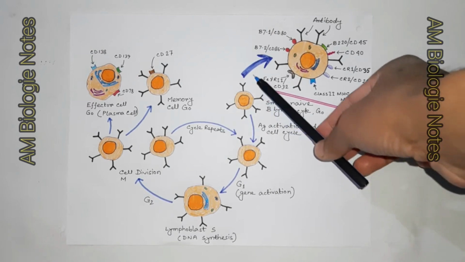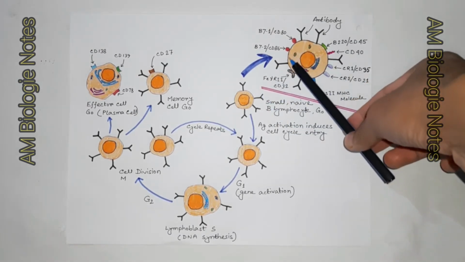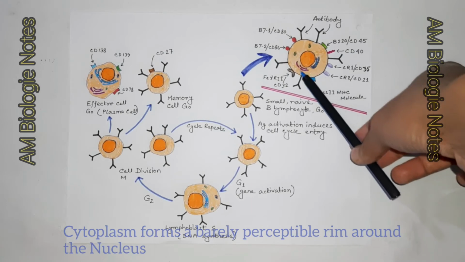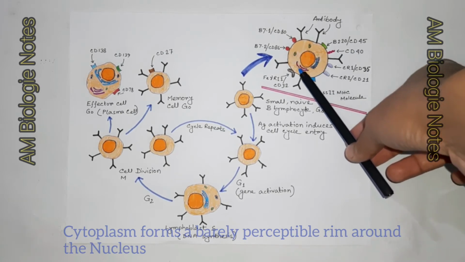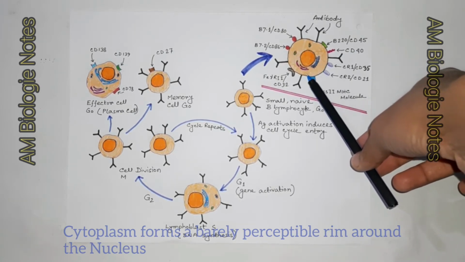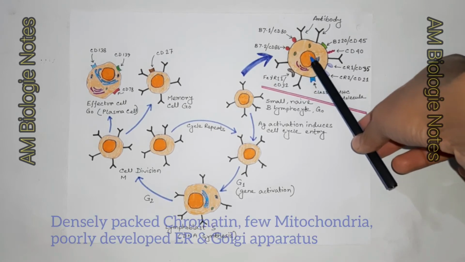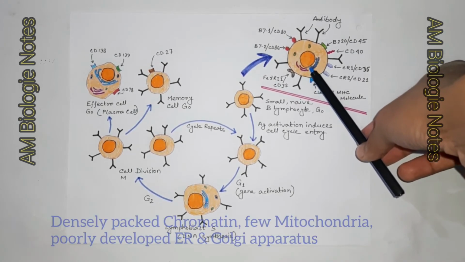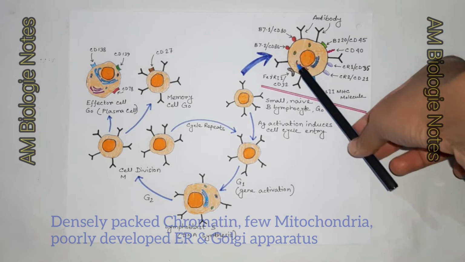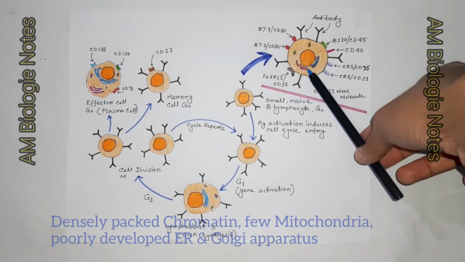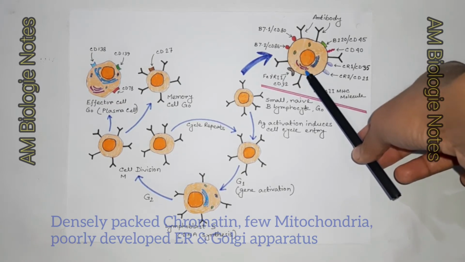The structural details indicate that the cytoplasm forms a barely perceptible rim around the nucleus. Presence of densely packed chromatin, few mitochondria, poorly developed rough endoplasmic reticulum, and Golgi apparatus.